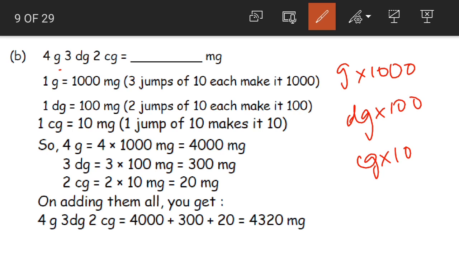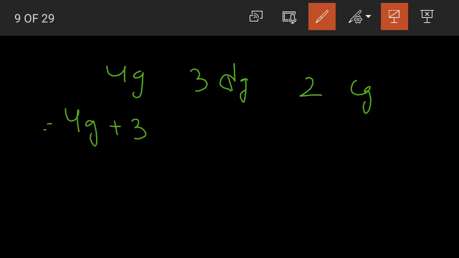Here in this question we are having 3 different units of measurement which together are to be converted into milligrams. So while solving this, 4 grams 3 decigrams 2 centigrams. So first we will write it as 4 grams plus 3 decigrams plus 2 centigrams.